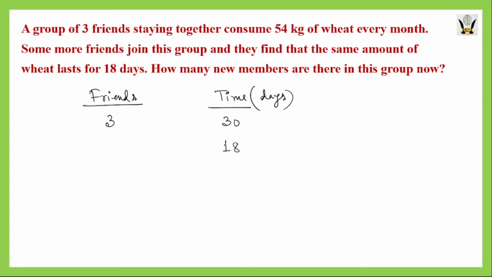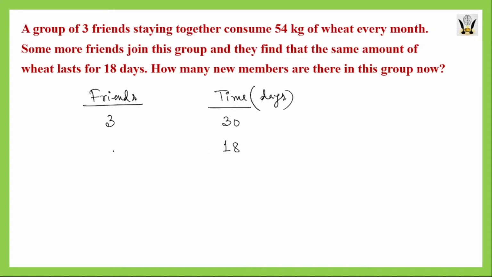So here the number of days is decreasing, the time is decreasing, and some more friends have joined the group. That means the number of friends has increased. That means here we can say the time and the number of friends are in inverse variation. As the time is decreasing, the number of friends is increasing, or we can say as the number of friends is increasing, since some more friends have joined the group, the number of days of consumption of the same amount of food is decreasing.